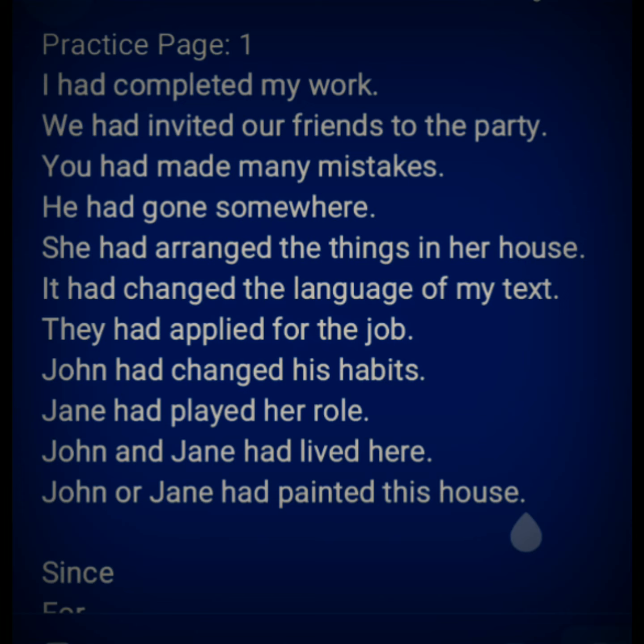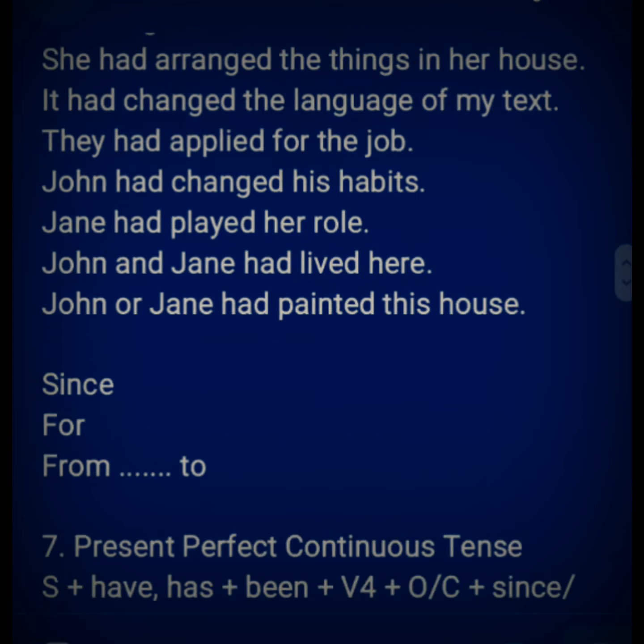That means you are standing by some house and you are telling somebody that the painted house was painted by either John or Jane, and you say that it had been painted in the past. So John or Jane had painted this house many years ago.